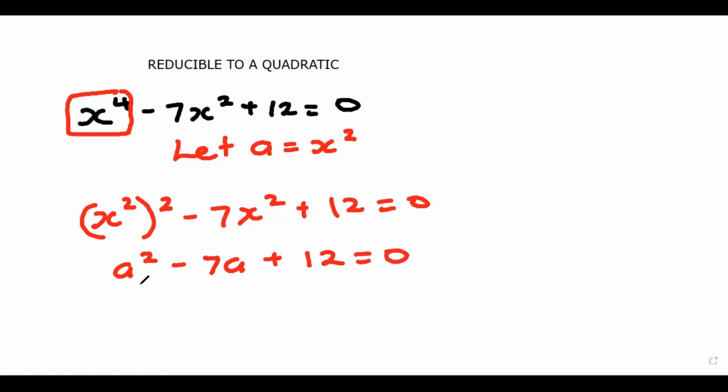So we can use either the AC method or the standard formula. So we would know that A is 1, B is minus 7, and C is 12. So now we have to figure out what two numbers, when we multiply A and C, what two factors, when we add them together, we can get the middle term here.